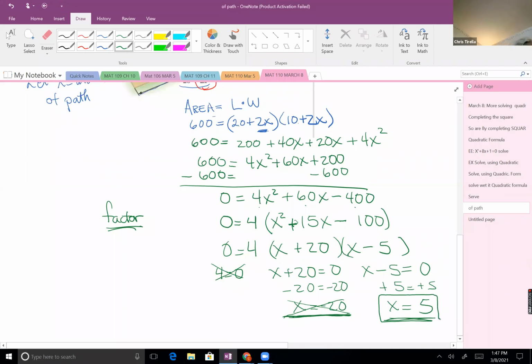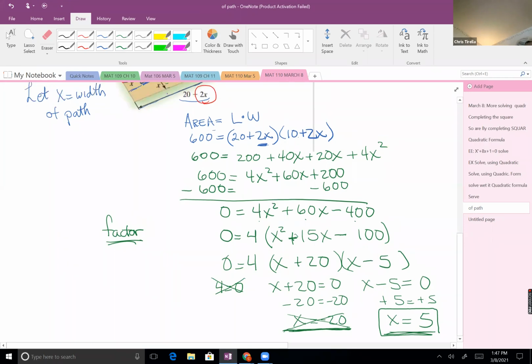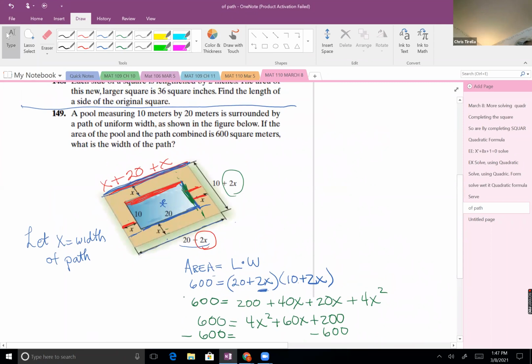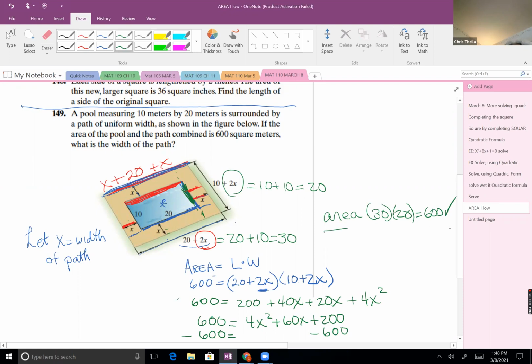So now if I go and check, this side would be 10 plus 5 plus 5, or 20. This side would be 20 plus 5 plus 5, or 30. And the area, 30 times 20, whoops, 20, not 0, is 600. And so it checks. How fun is that?